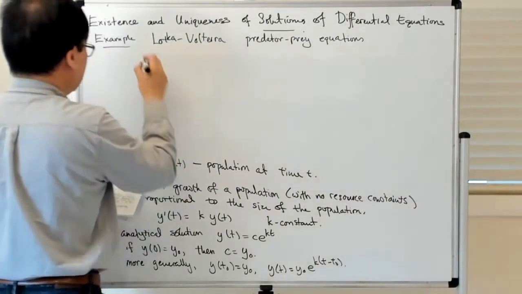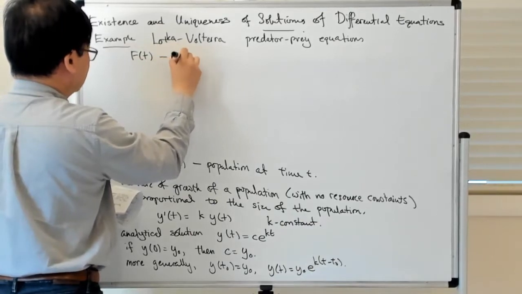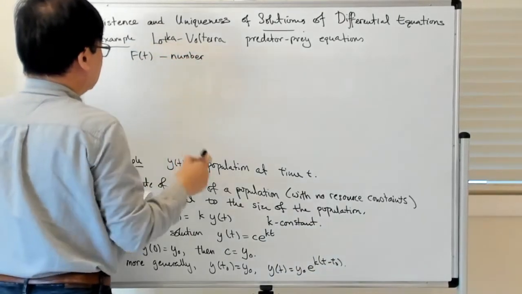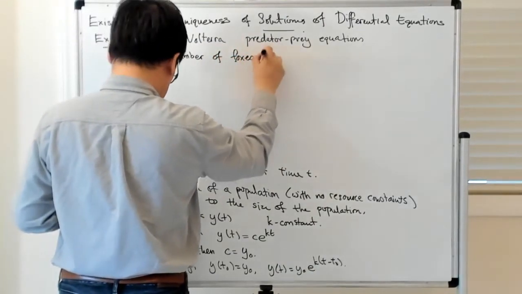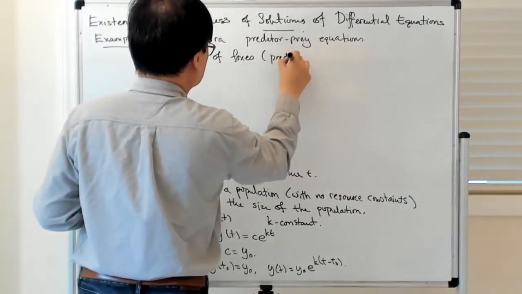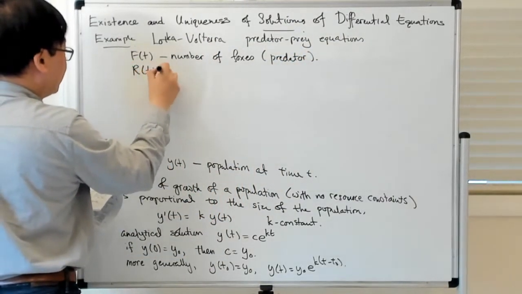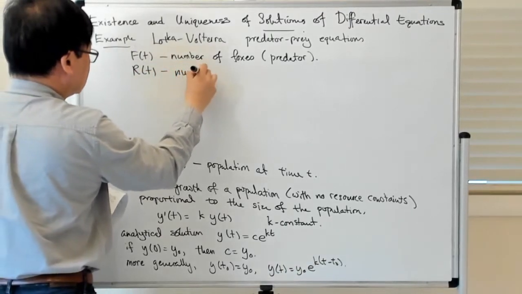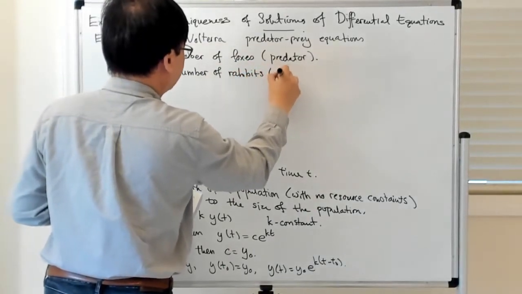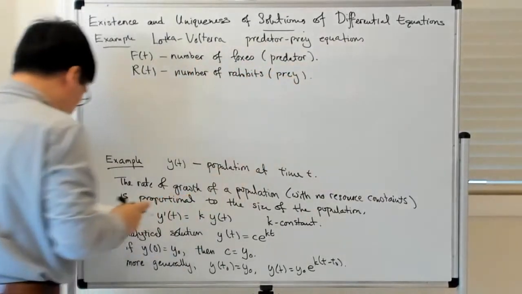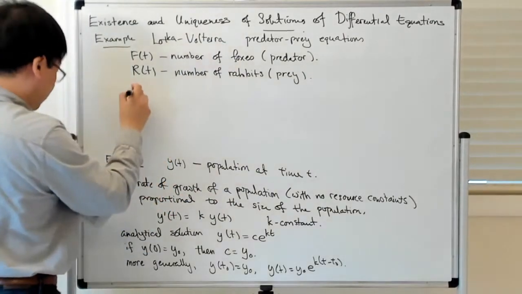Let's say f of t, which might be the number of foxes, that's the predator, and then r of t is the number of rabbits, the prey in this case. And you have a coupled system of two equations.